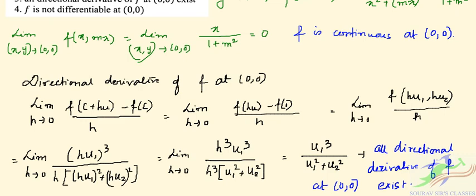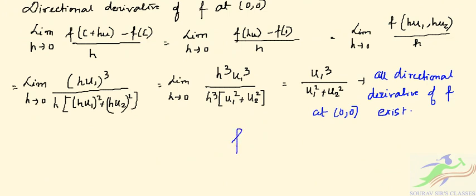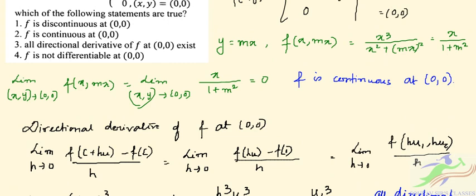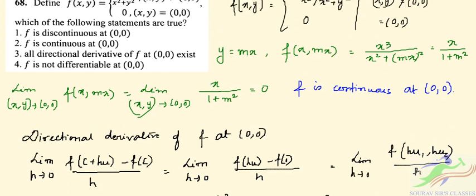So f is also differentiable at (0, 0). So option 4 is wrong for that, and option 3 is correct. So we have options 2 and 3 for this question number 68. So f is continuous at (0, 0), and all directional derivatives of f at (0, 0) exist.